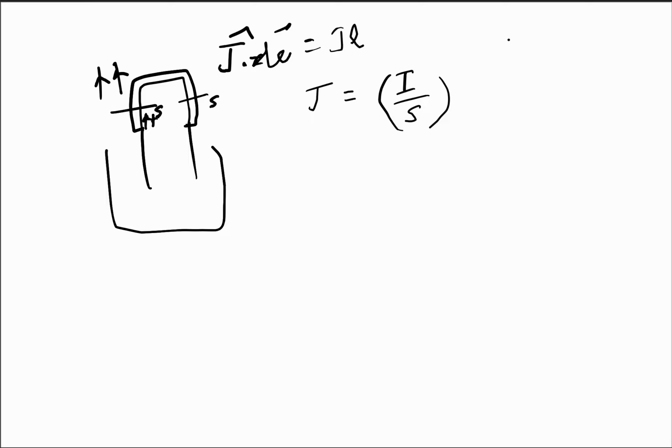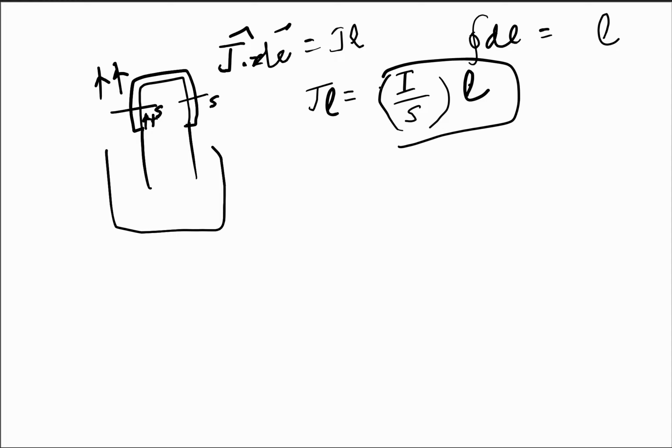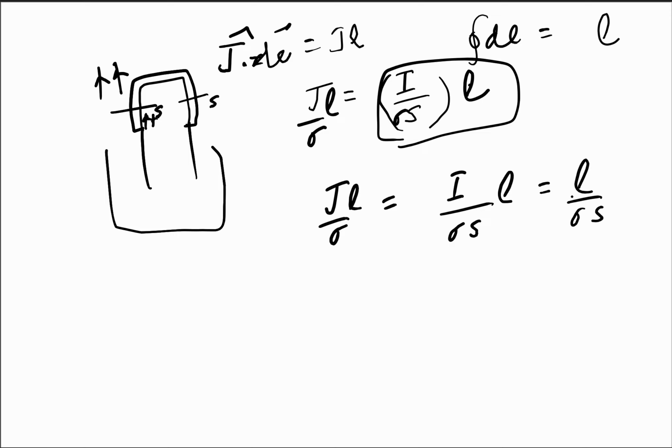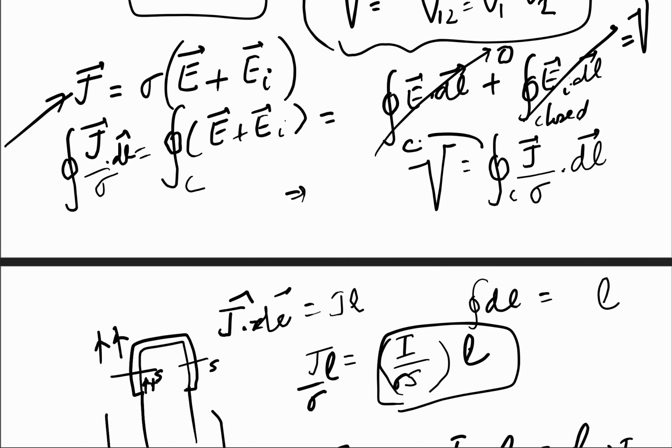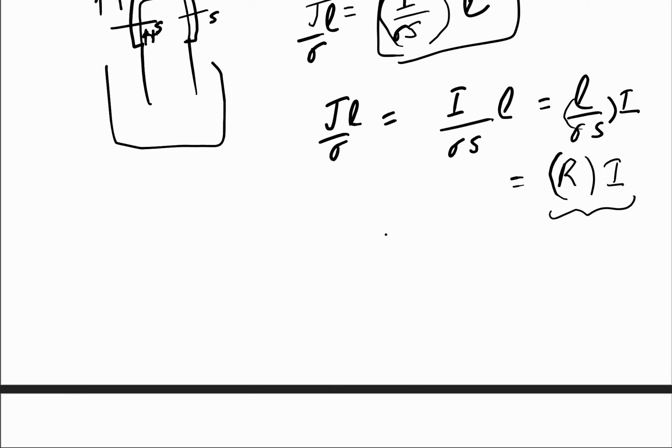So the integral of dl is going to give us the total length L of this conductor. So J L by sigma is equal to I L by sigma S, or I can write it as L over sigma S times I, which is equal to the resistance of the conductor times I. And we saw that the left hand side of this equation was equal to the EMF because of the impressed electric field.